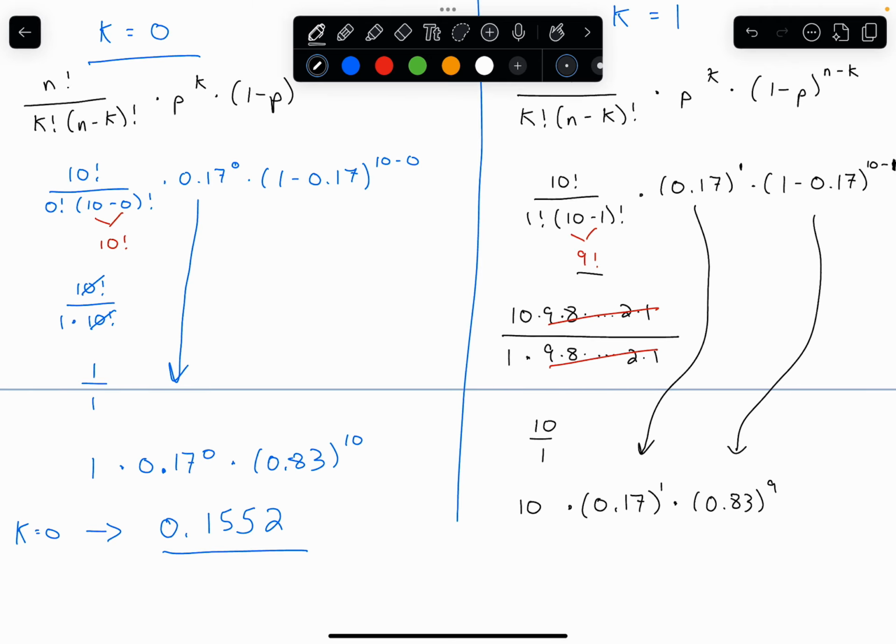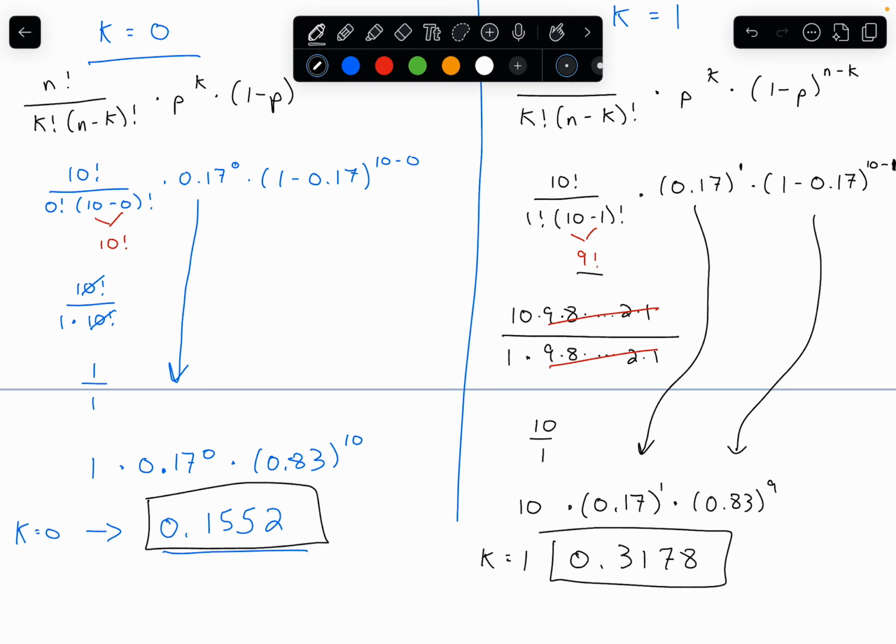And at this point, we can grab our calculator and punch this in. So 10 times 0.17 to the first times 0.83 raised to the 9th. This time around, I ended up with 0.3178 if we round to 4 decimal places. This is the case where k is equal to 1. So here is that probability.